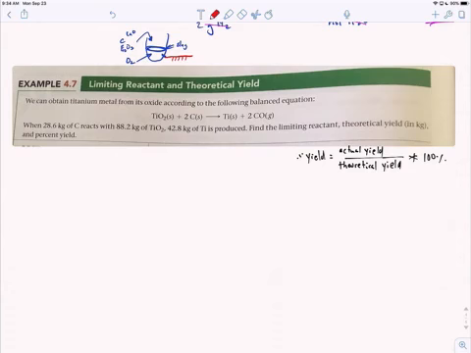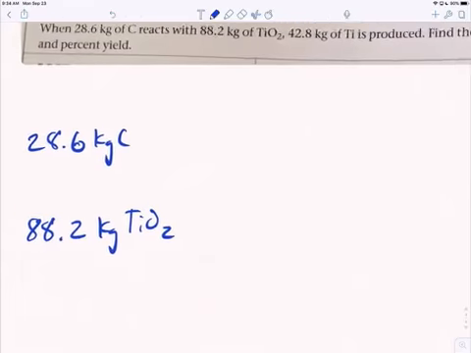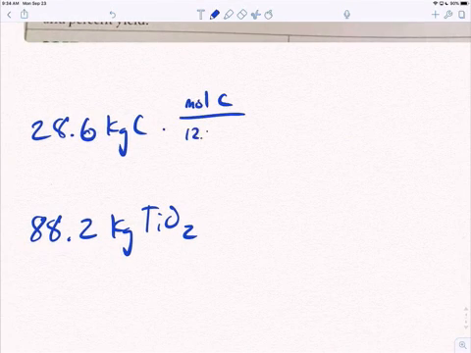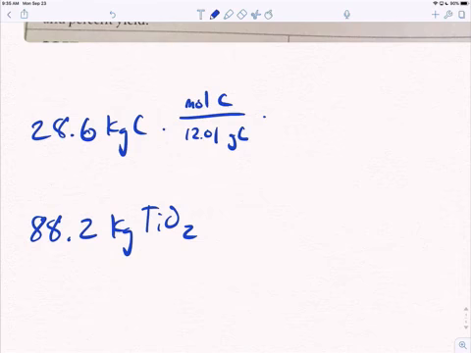And let me change colors. So we have 28.6 kilograms carbon and 88.2 kilograms titanium dioxide. Okay, same idea as we've been following along. So mole carbon to 12.01 grams carbon, or 12 grams, whatever you want to put.